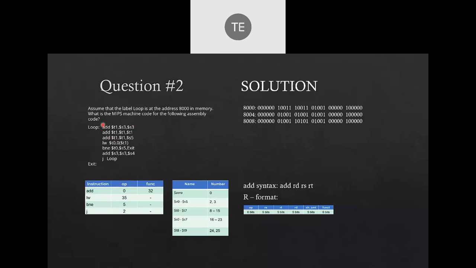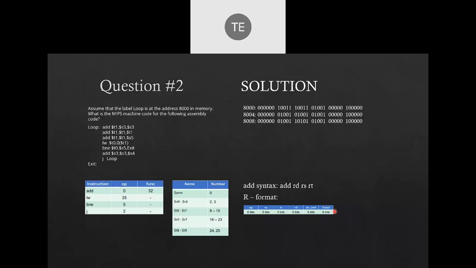From the previous lesson, we learned about MIPS assembly, and now, to be able to communicate with the machine, we need this assembly code translated into machine language too. So how do we do that?